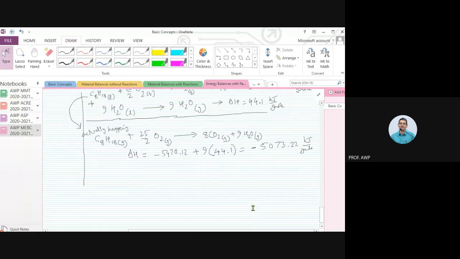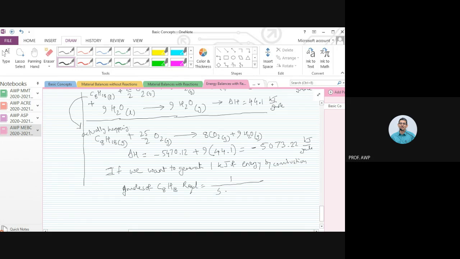So if we want to generate 1 kilojoule of energy by combustion in the engine, how many gram moles of C8H18 are required? 1 kilojoule is what is required, divided by 5073.22, the energy that I would generate by way of combustion.